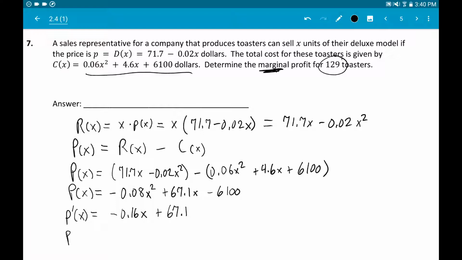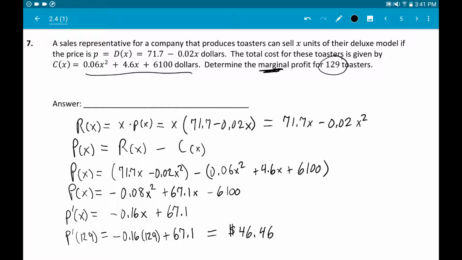So we plug in 129 for x. That's going to be $46.46 is what I have here.